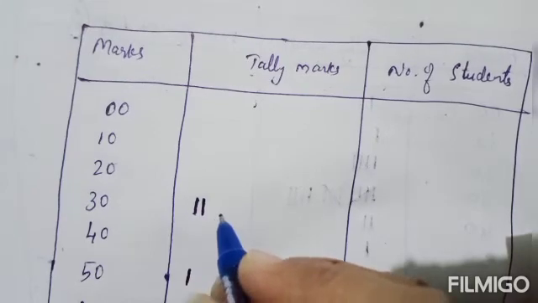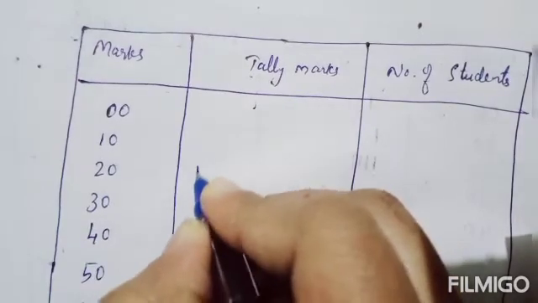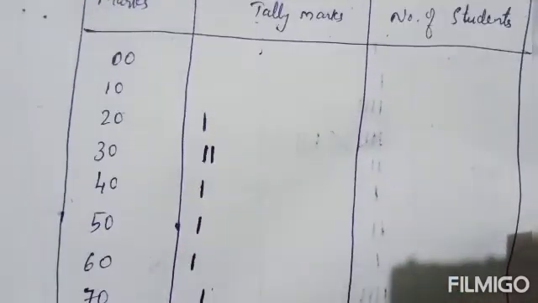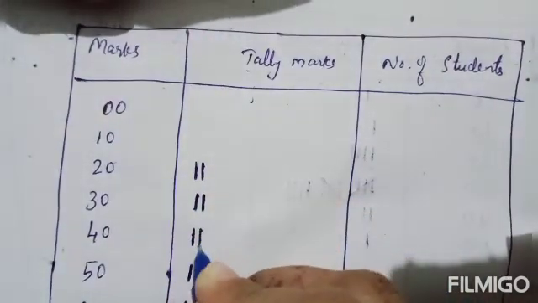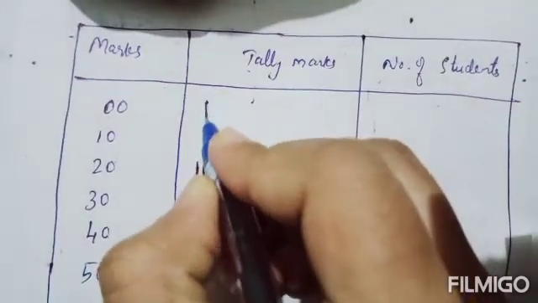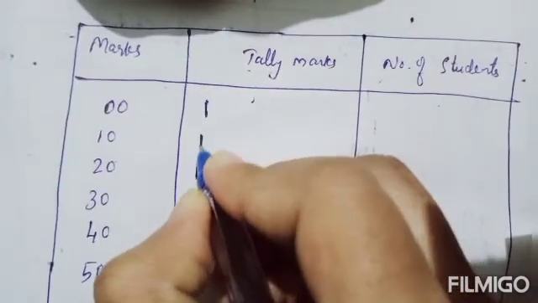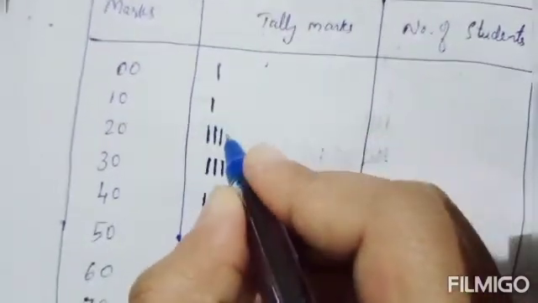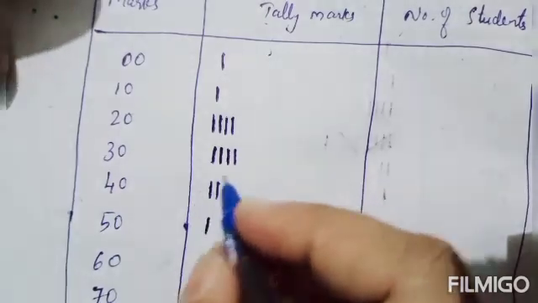Then 40, then 20, then 80. Again 20, 40, 30, then 0, 20, 10, then 20 again, 30, 30 again.